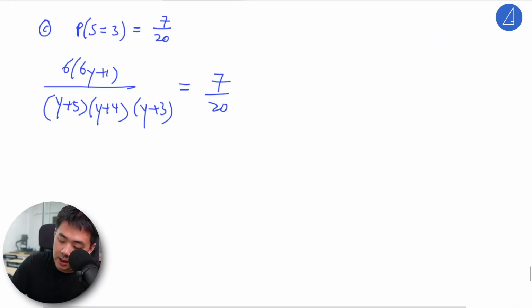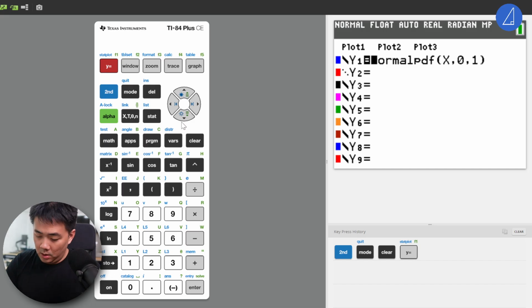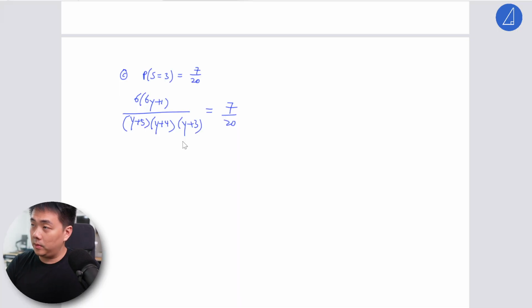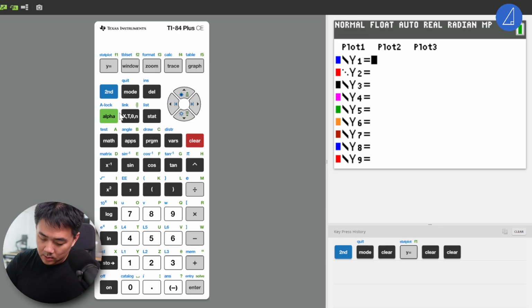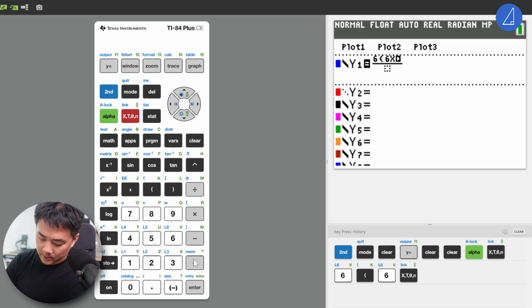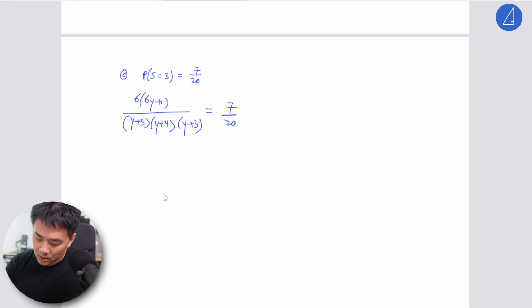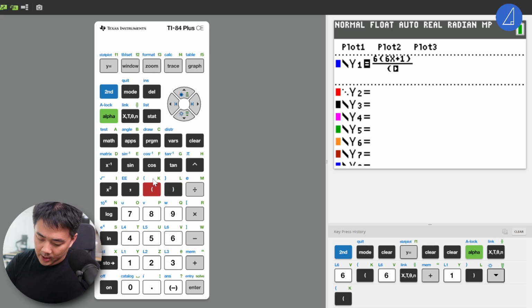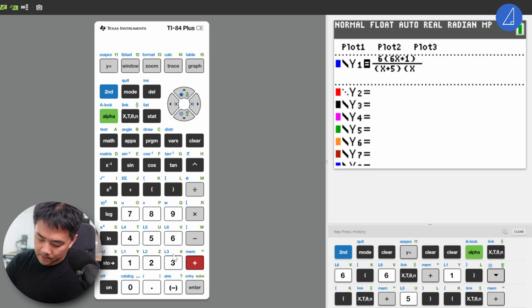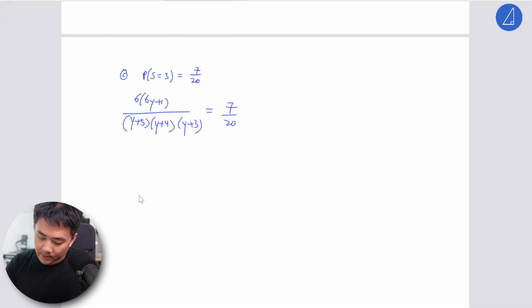Okay, then key in GC. Because y is an integer value, just key in GC. You get this one: 6y plus 1 over y plus 5, y plus 4, y plus 3.